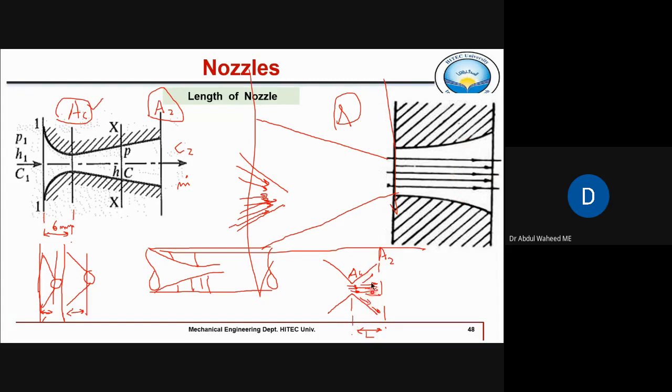angle is very large. अगर मैं यहाँ पे define करूँ what is divergence angle and define this angle as divergence angle. Let me name it as theta. This theta is too large because we have made this divergent portion very small. Right. So that's why when the fluid is leaving this convergent part, it will not occupy the whole portion of this divergent part.